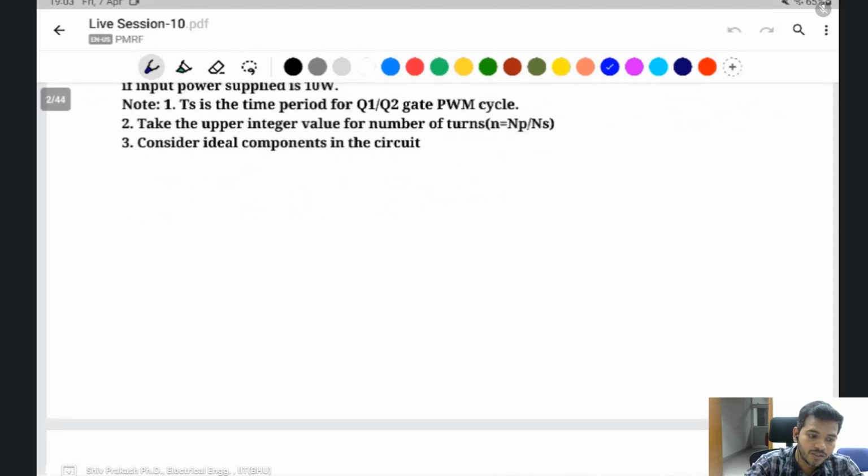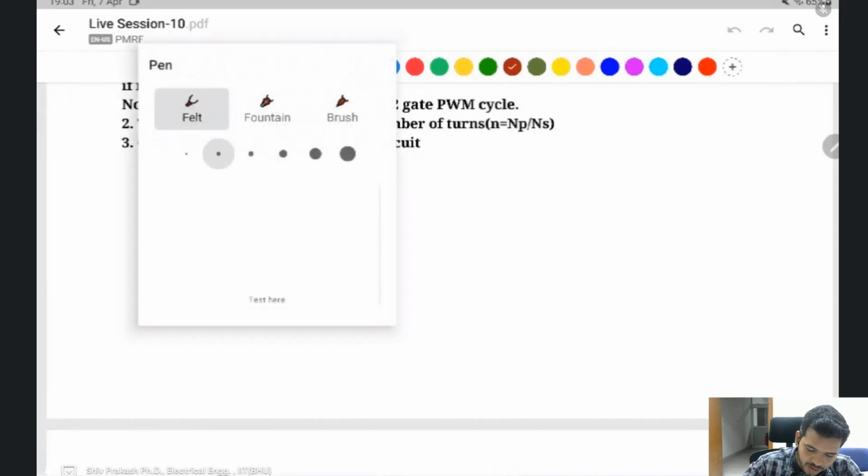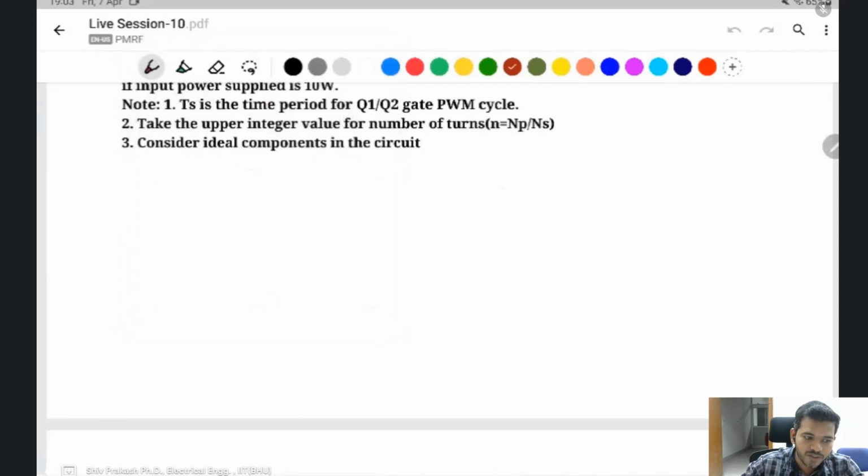A half bridge converter looks like a bridge converter with a transformer and a buck converter, like a push-pull converter, forward converter.